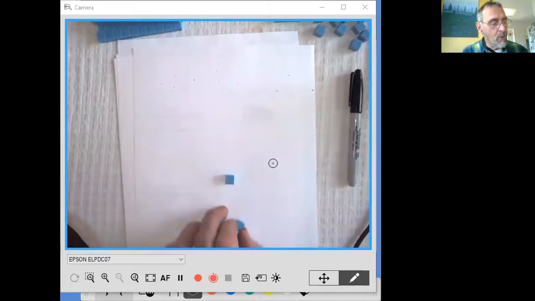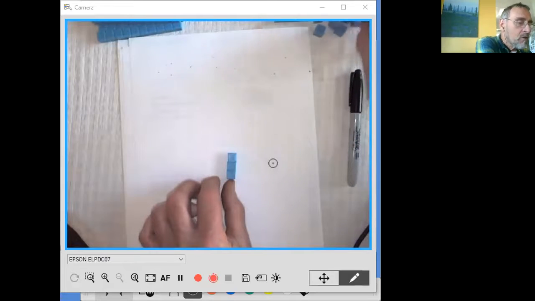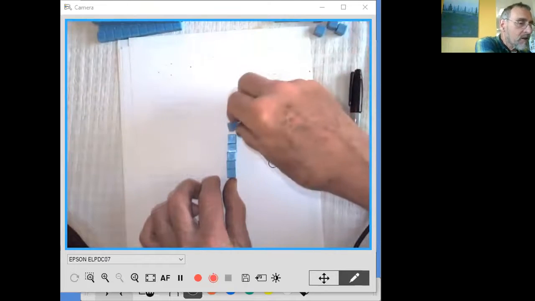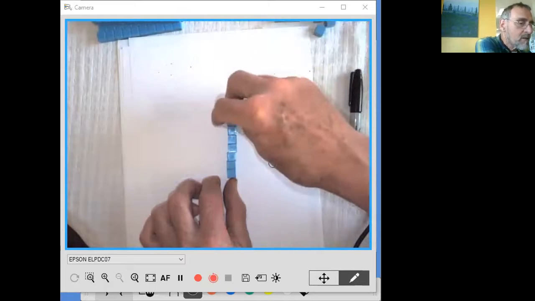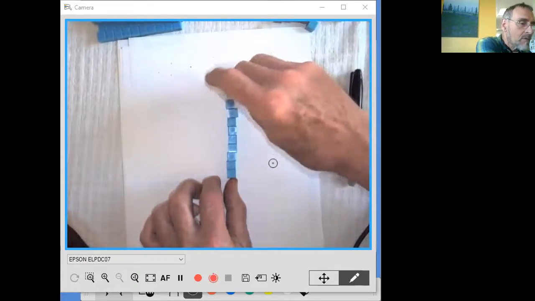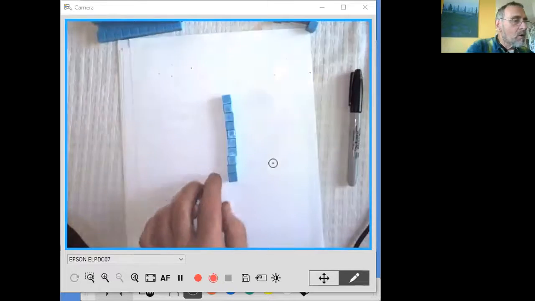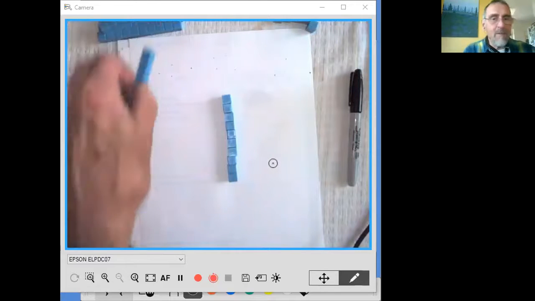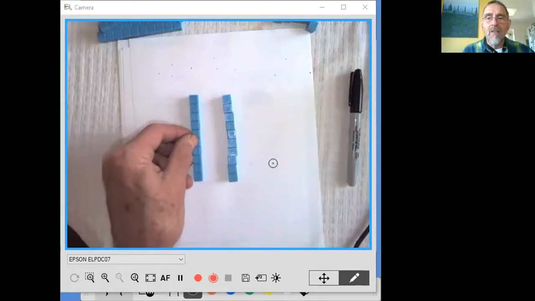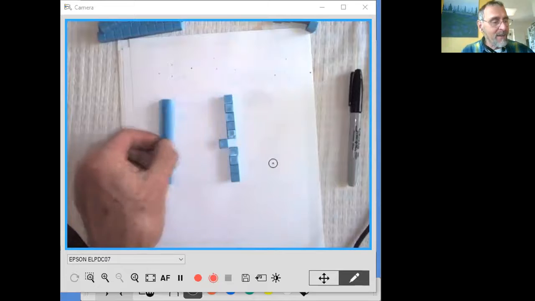So that would represent 1, 2, 3, 4, 5, 6, 7, 8, 9, and 10. And when I get 10 in a row, it looks pretty much exactly like the stick where they're all stuck in a row. It's now a 10. This is a 10 stick.